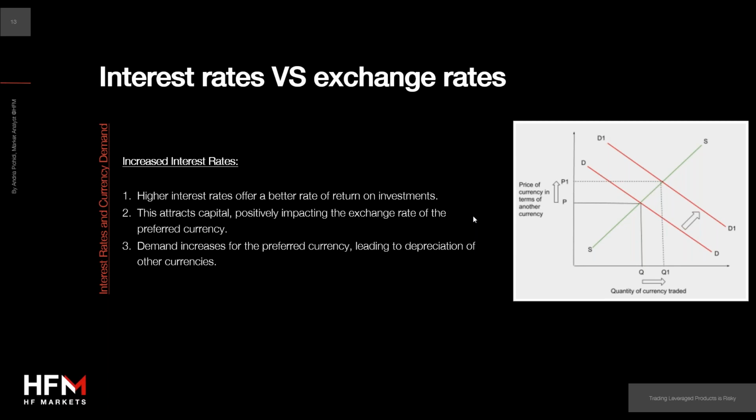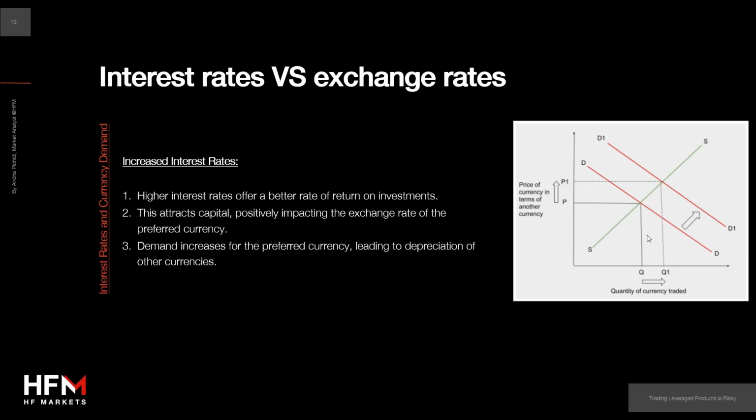It presents this negative effect, this opposite effect that we can see in the exchange rate. So P and P1 show the change, the increased demand in currency appreciation.